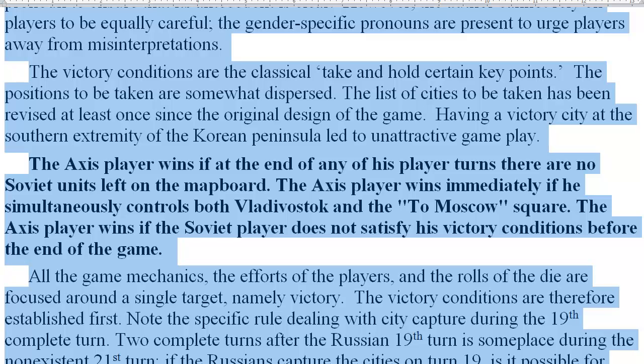The Axis player also manages to win if the Soviet player does not win. That is, the Soviet player must actively seek out and win by satisfying her victory conditions. The Axis player wins if he simply manages to deny the Soviet player a victory.